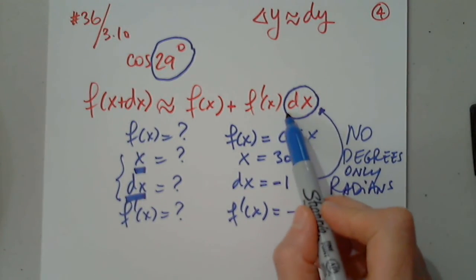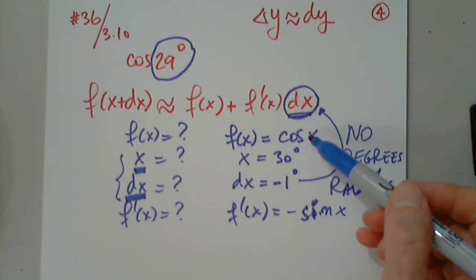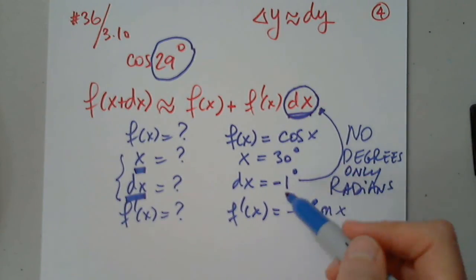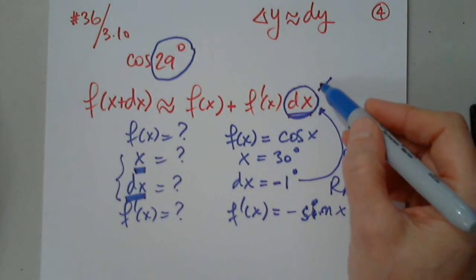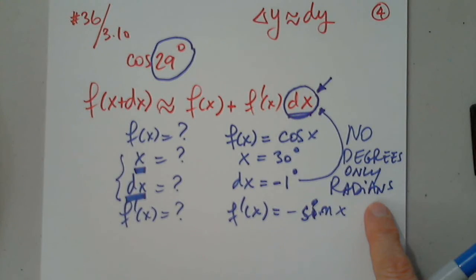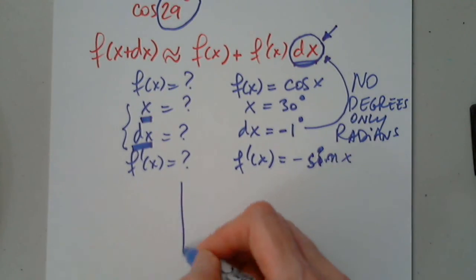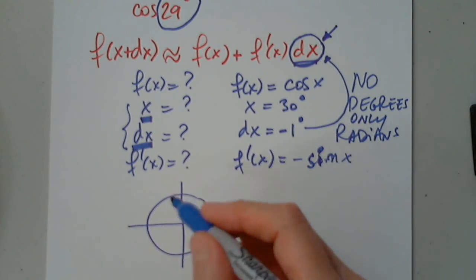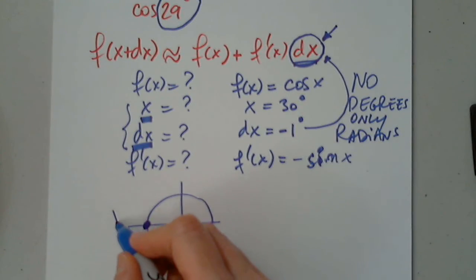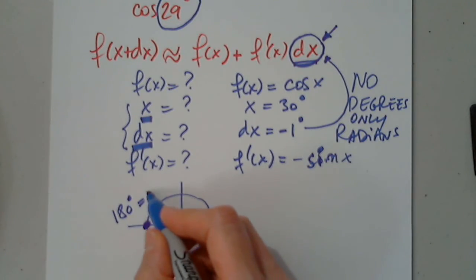But when we talk about a quantity outside, not inside of a trig function, this must be changed into radians. And let me refresh your memory on how to change from degrees to radians and back and forth. So remember, this is 180 degrees or pi.